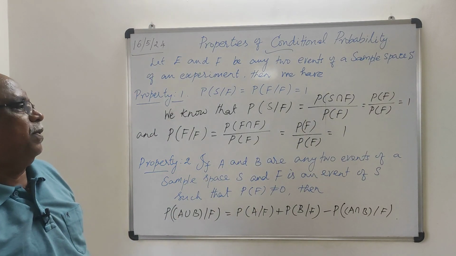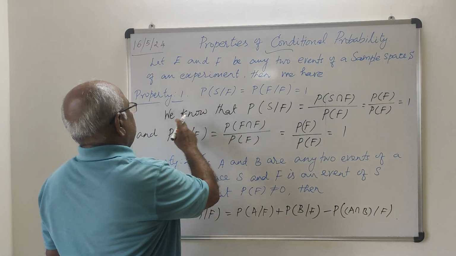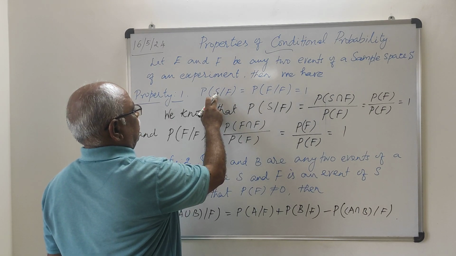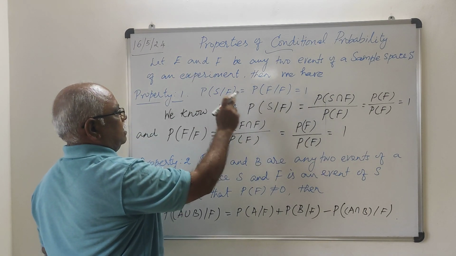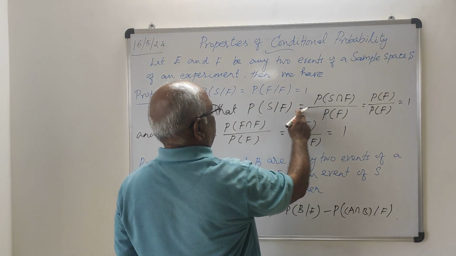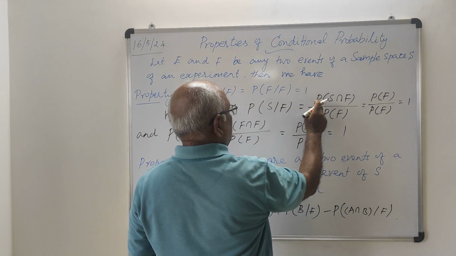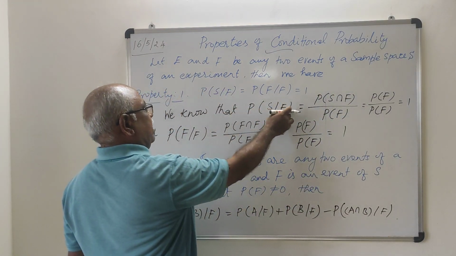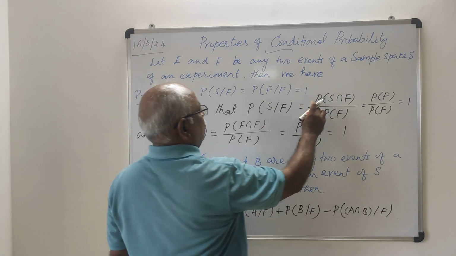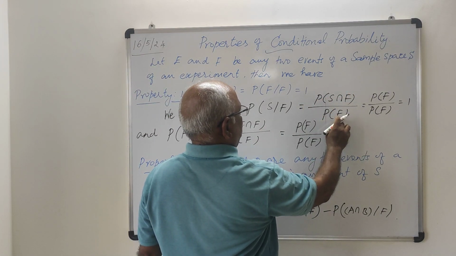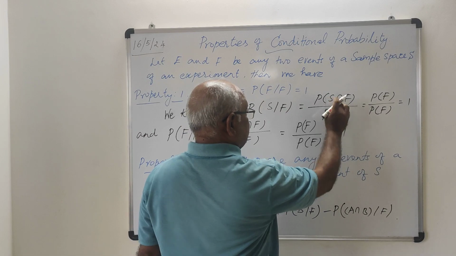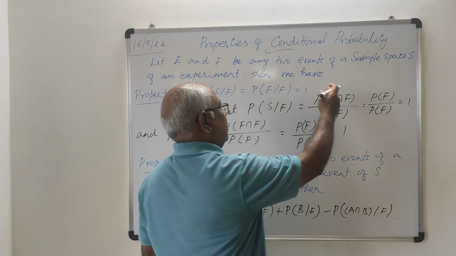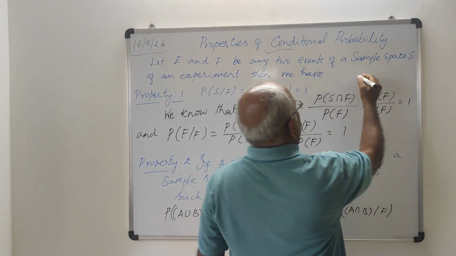That's the first property. We know that P of S by F is equal to P of S intersection F by P of F. S is a sample space and F is any event on that S. Therefore, S intersection F is F itself.